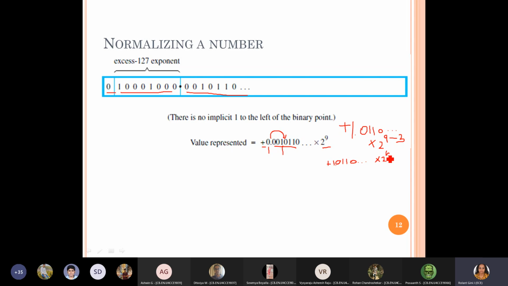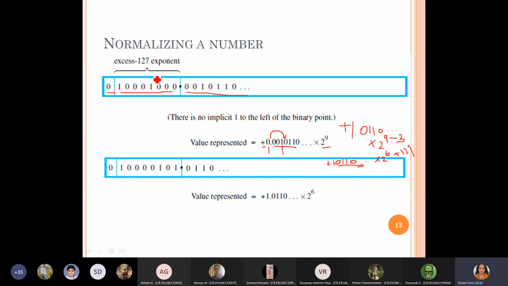MSB will be 0, and then the mantissa will be simply following whatever is from here, right? And then the exponent in 127 representation. So when we write here, we cannot write it as 6. It should be added with plus 127. So you will be getting 133, right? So the equivalent of 133 will be here.